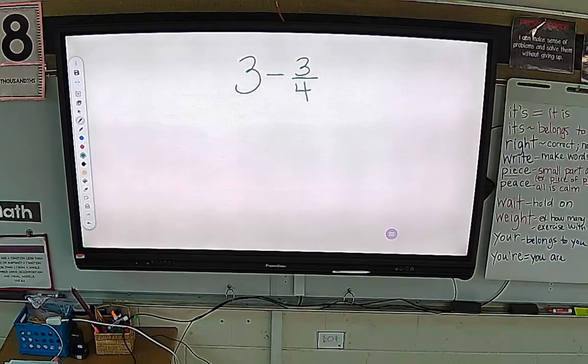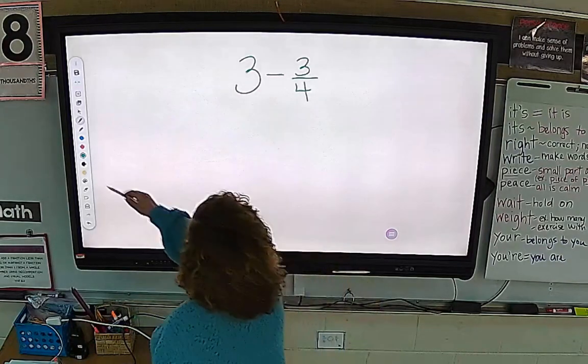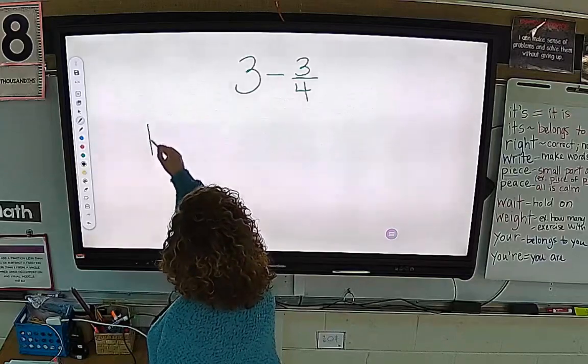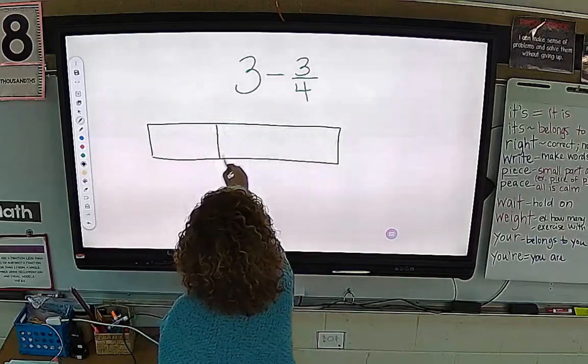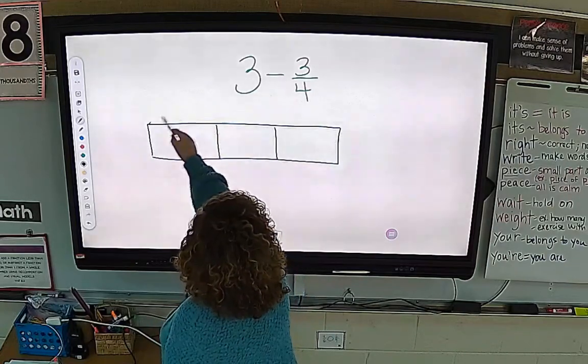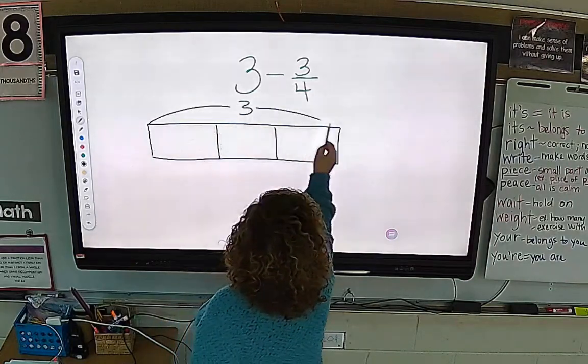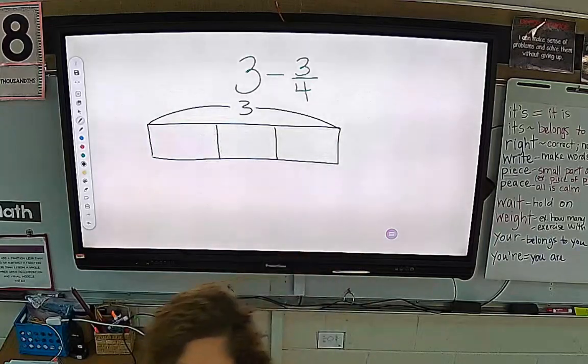So is that one whole? The whole thing? Yeah, be careful here. Make sure your label shows what the first number is. That's your first step right there.